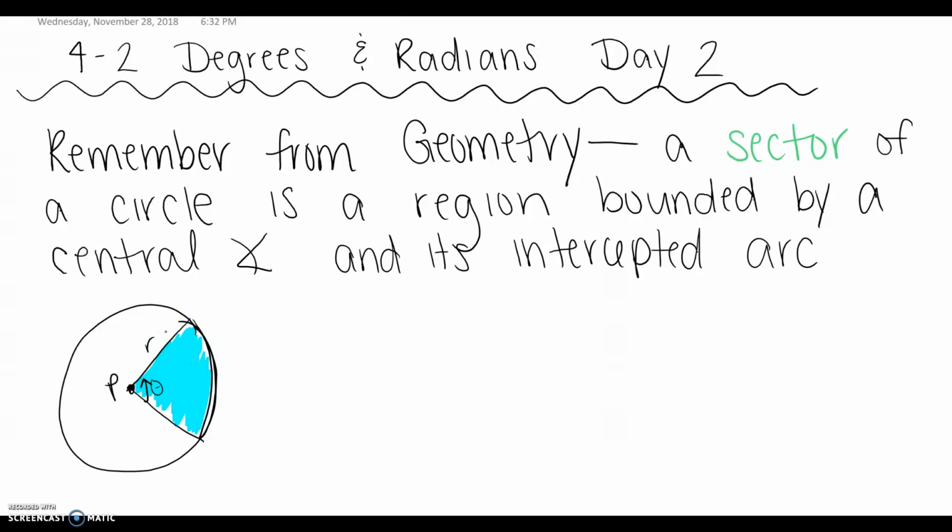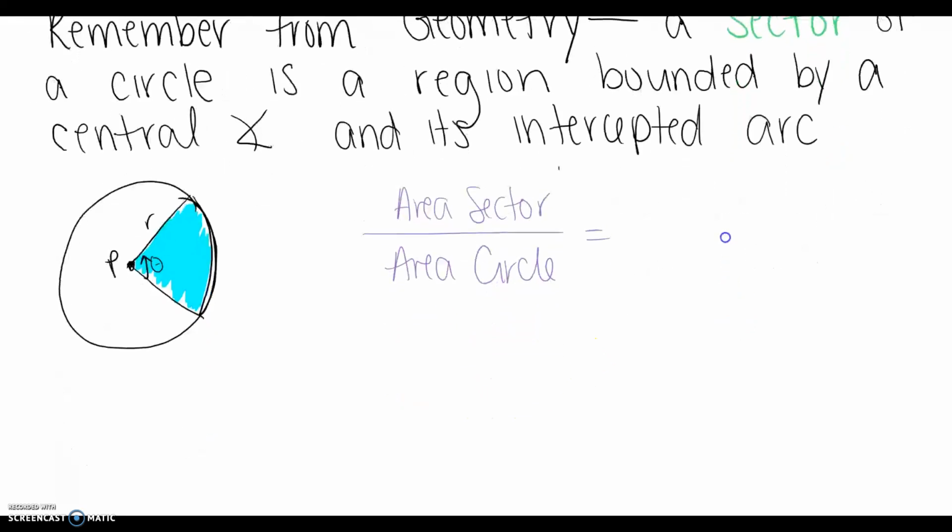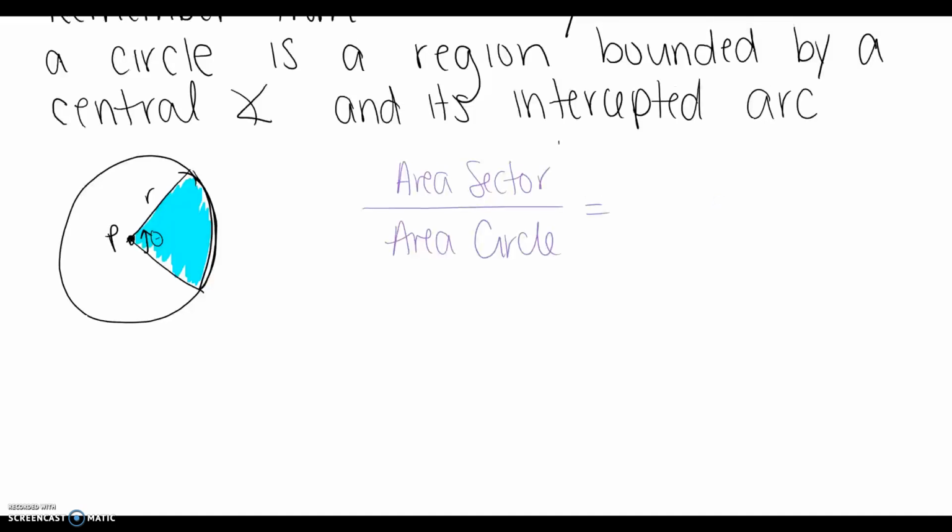We've got the radius, the angle, and circle P. So the ratio of the area of a sector and the area of a circle is equal to the ratio of arc length to circumference.